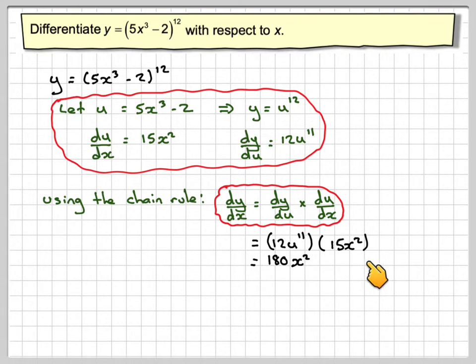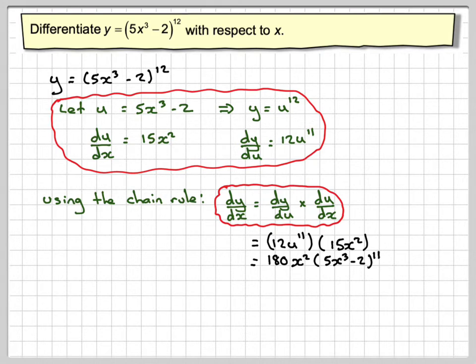So 12 times 15x squared will give me 180x squared, and u I put back to being what it was, which is 5x cubed minus 2 to the power of 11, that should be.